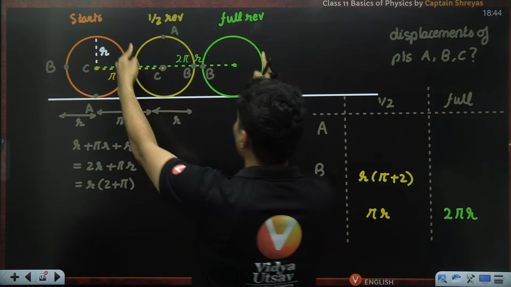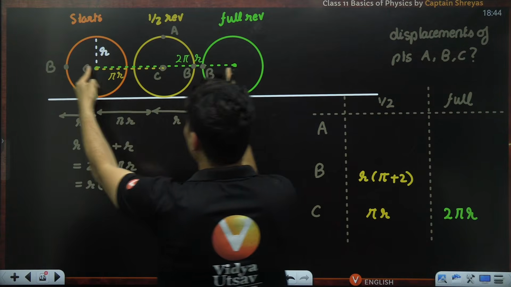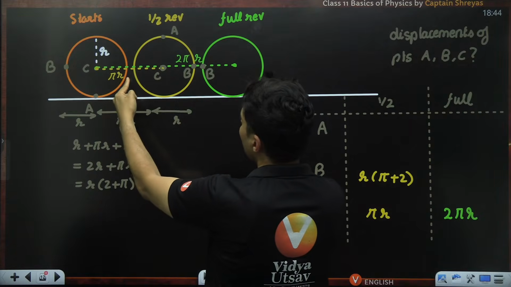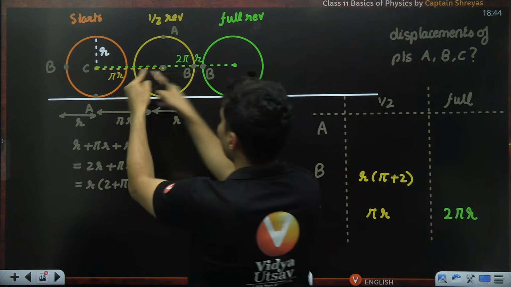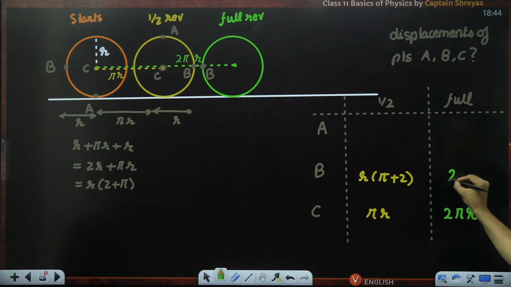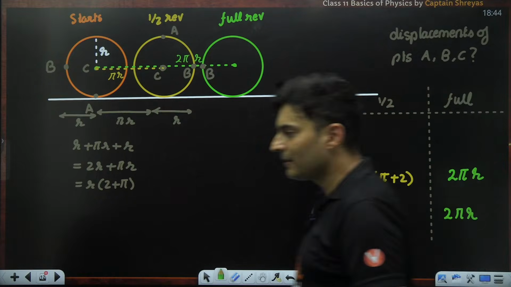If you go to the same point after a full revolution, exactly they will be separated by 2 pi r. So hence, this will be nothing but 2 pi r. Till this point also absolutely clear.